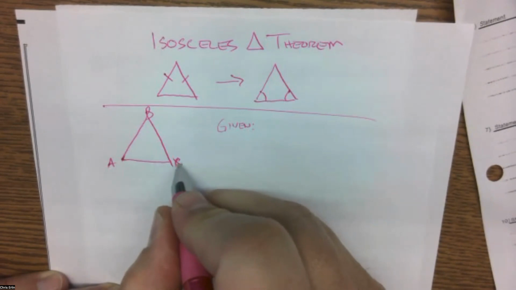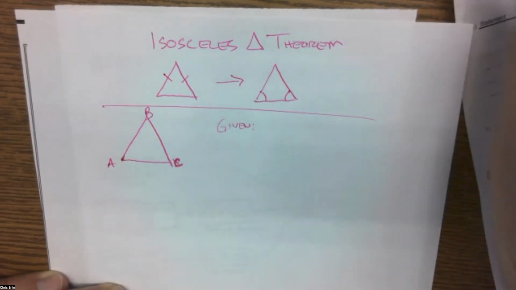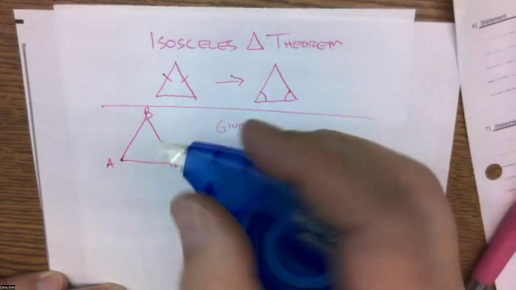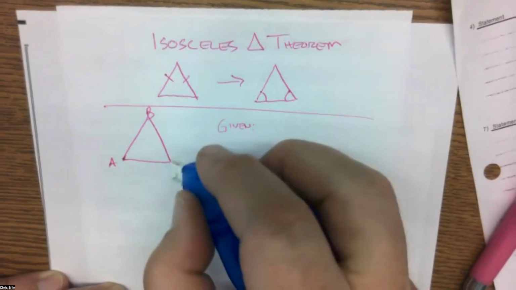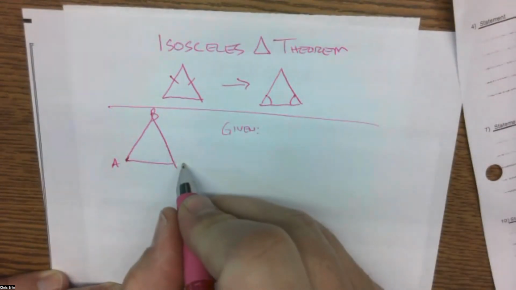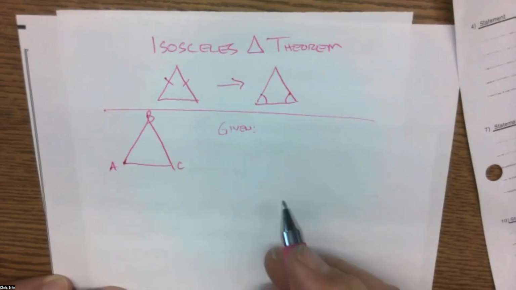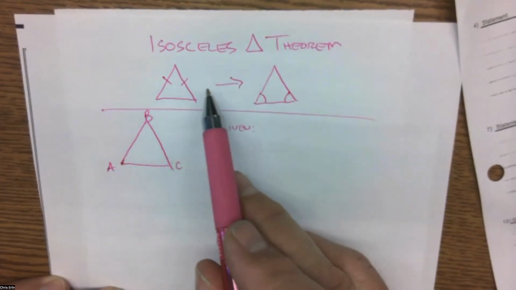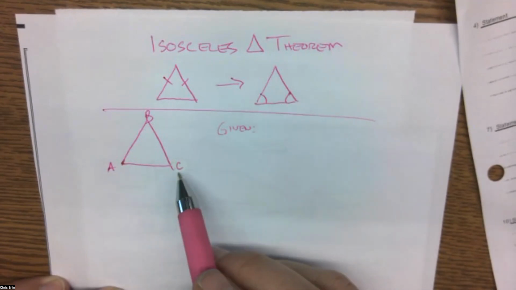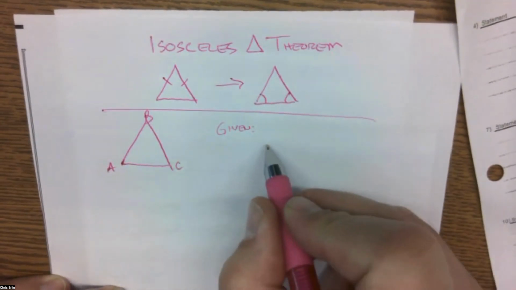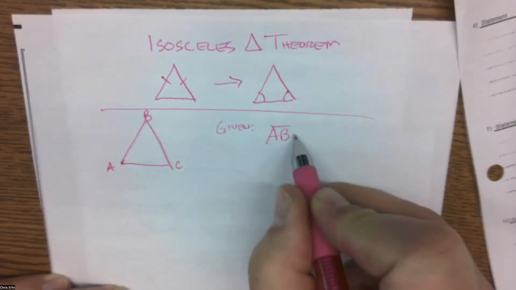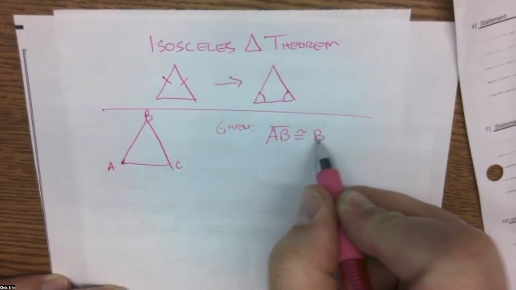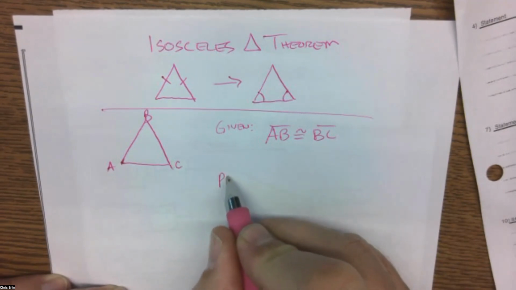Oh, sorry, let's make that a C. What's my given? If I'm trying to prove this theorem, if this, then this. Julie? Hold on, Julie. Good. We want to start with it being isosceles. AB is congruent to BC. And what are we trying to prove?